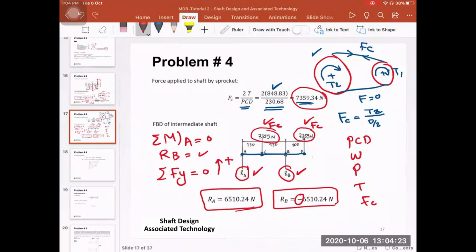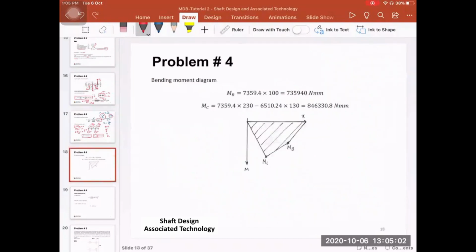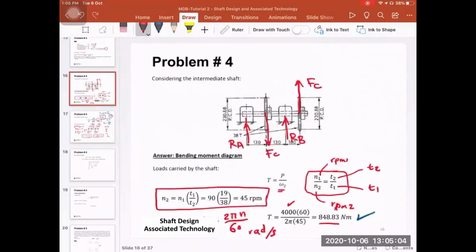Okay. After we found both the reaction forces at A and B, it's quite simple to calculate the bending moment at each and every point. At A and D, the bending moment is actually 0. So it is going to be at either C or B, right? If I go back here, at this point and this point, these are the edges of this shaft, and you have point B here and point C here.